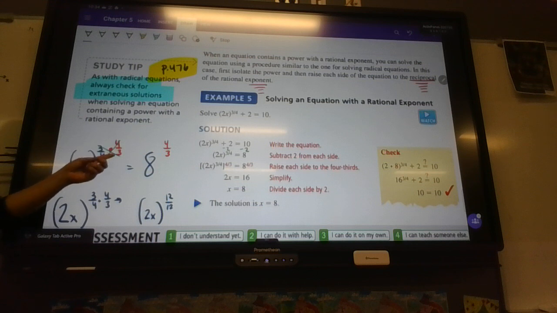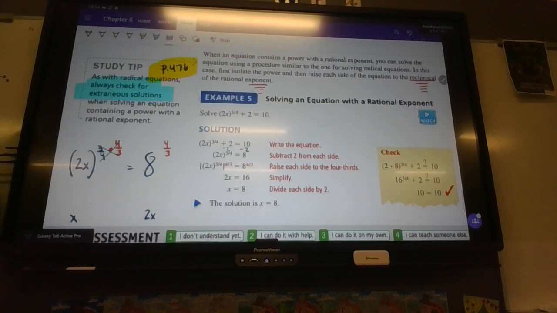So the reciprocal here is super effective. Just gets rid of the exponent where you don't want it. Cancels it out. So now I have 2x equals 8 to the 4/3. So 8 to the 4/3 is 16. Divide by 2, you get x equals 8.